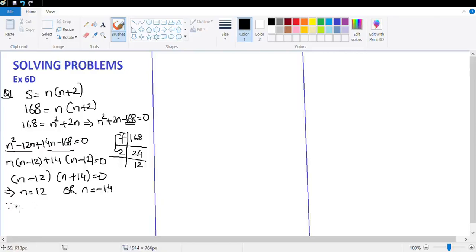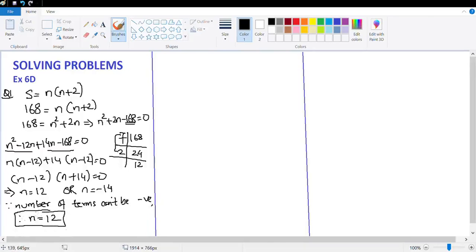Now since the number of terms can't be negative, therefore n is equal to 12.